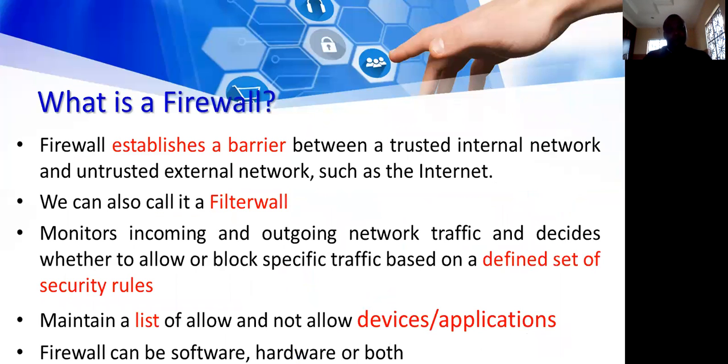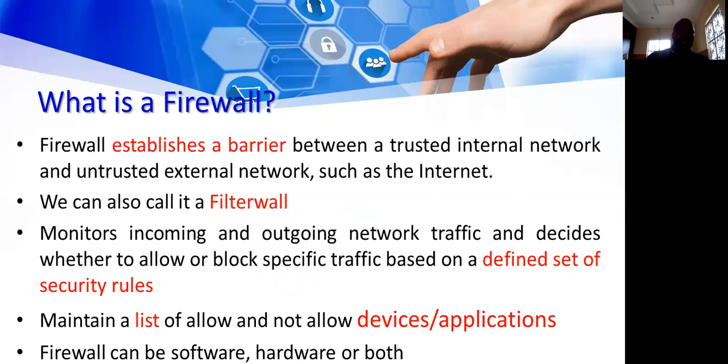So what is a firewall? A firewall establishes a barrier between a trusted internal network and an untrusted external network, such as the internet. Look at that definition. Trusted internal network, because you want to connect to the internet, you know that your own internal network is trusted to some extent, those systems that are connected on your internal network, but you don't know all those systems that are connected on the external network, which in this case we call the internet.